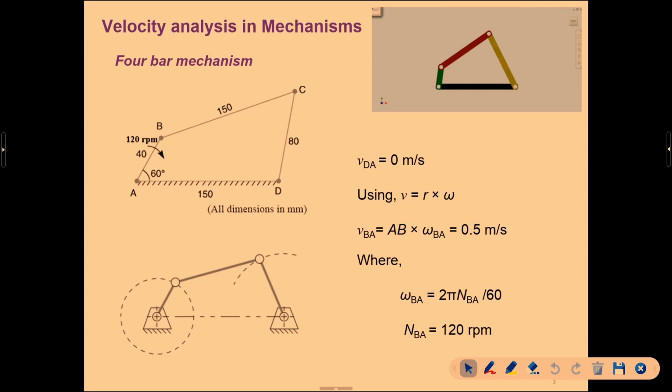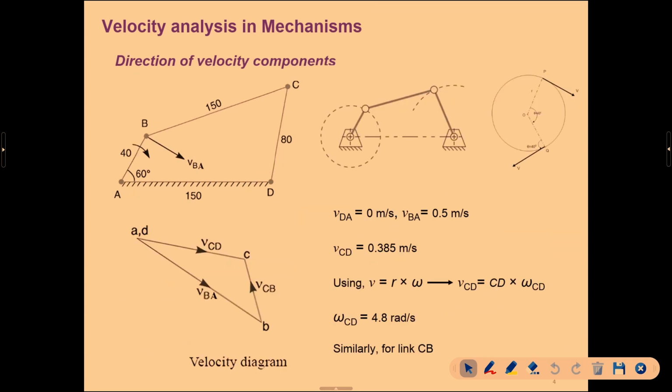Now, speaking about velocity, it is a vector quantity, so direction is also very important. As of now, we need not worry about the direction of AD because the velocity is 0, it does not move. Coming to the link AB, it is a vector quantity, it has a magnitude and a direction. Now, that needs to be fixed.